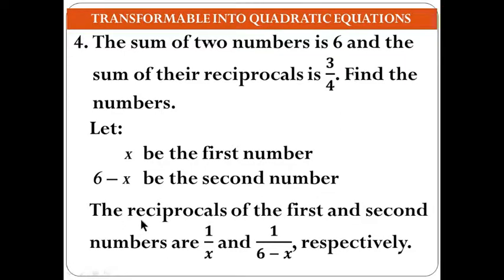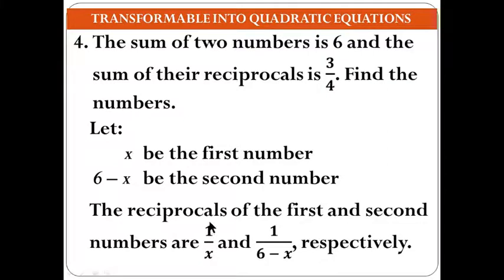And the reciprocals of the first and second numbers are, yung x reciprocal ay 1 over x and yung reciprocal ni 6 minus x ay 1 over 6 minus x respectively.